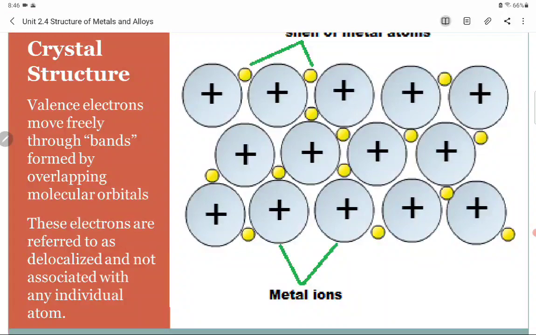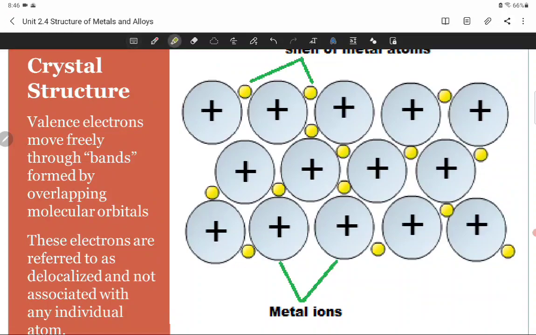They're not all exactly the same. And those outer electrons have the ability to travel throughout the surface and conduct electricity. Lots of people consider this something called band theory, and we'll just touch a tiny bit upon that.